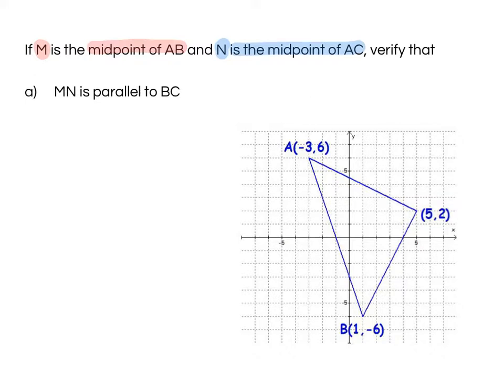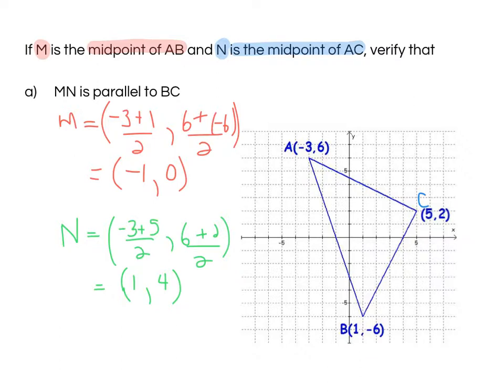We're first going to have to find the actual coordinates of M and N. So we're finding the midpoint of AB and the midpoint of AC, and that is the first thing that we ought to do. Go ahead and pause the video and do that, and I will come back with the solution.